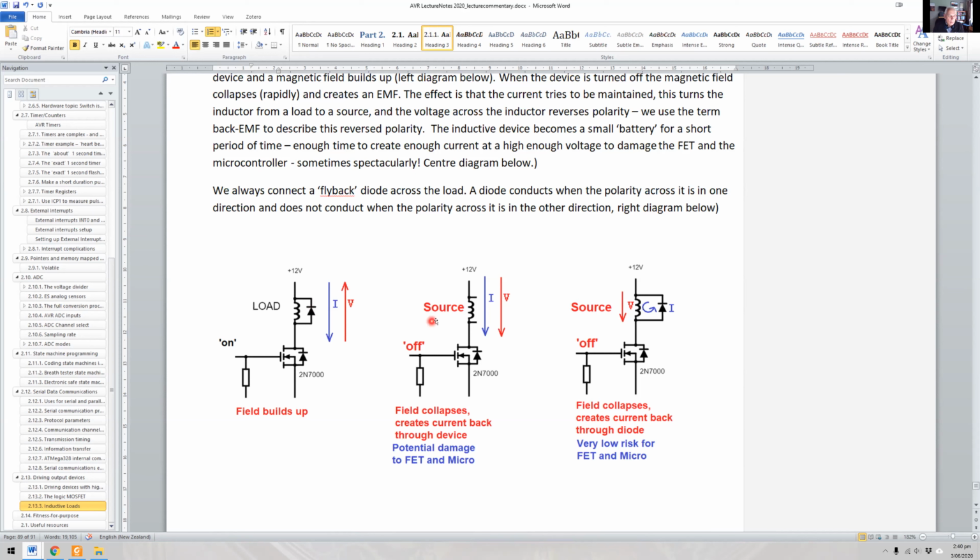And that's exactly what happens when we turn off the FET. The source voltage is taken away from the coil, but of course the magnetic field collapses and starts to drive the current in the same direction as it was going before. But of course now what you've got is a source, not a load, which means that the voltage is actually in the opposite direction as well, because the voltage and current are in the same direction in a source.